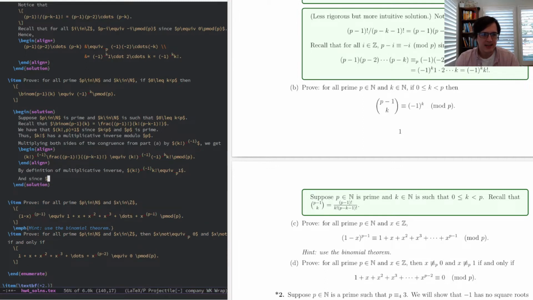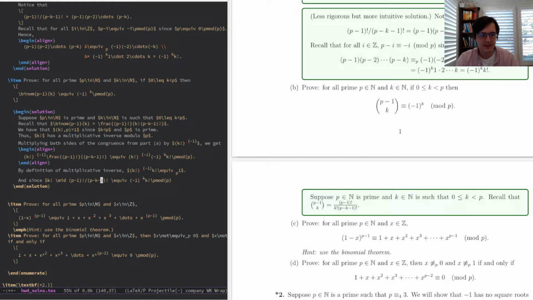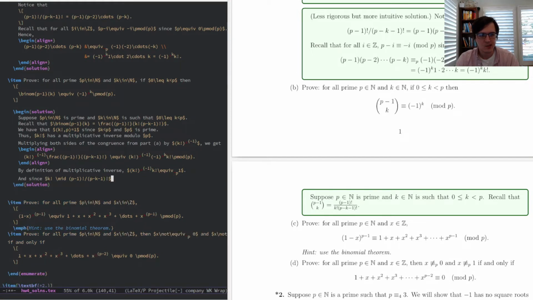And since k factorial divides this, then we can just divide.